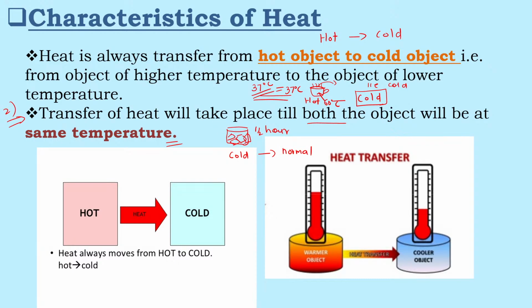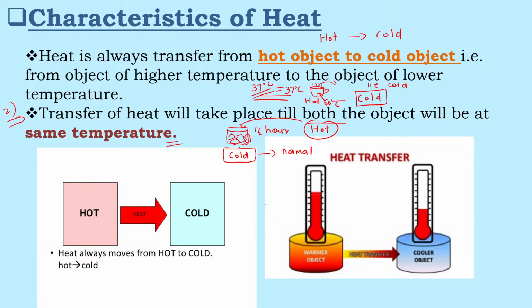So there is a transfer of heat. Now from where to where? Outside temperature is hot. The water kept in the beaker is cold. So the heat energy is going to transfer from outside to inside, and therefore after some time you will notice that the ice water will become normal. That is because the outside temperature and inside temperature become equal.